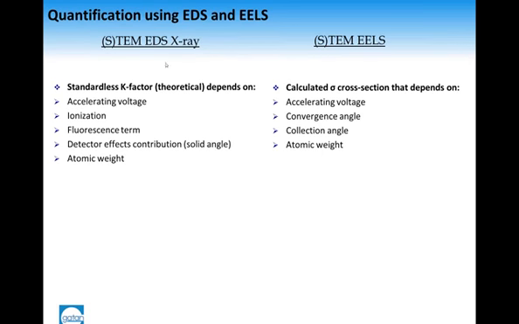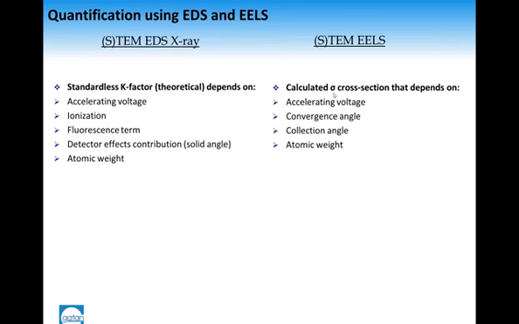So if you want to do quantification in an automated way, if you look at EDS, the standardless K-factor method is basically theoretical, and depends on accelerating voltage, ionization, fluorescence term, detector effects contribution, solid angle, and atomic weight. The calculated cross-section will depend on the accelerating voltage, convergence angle, collection angle, and atomic weight.